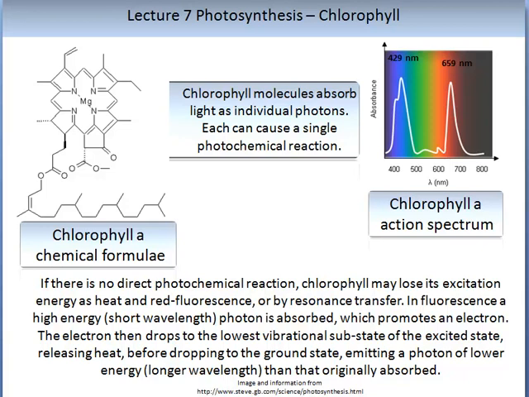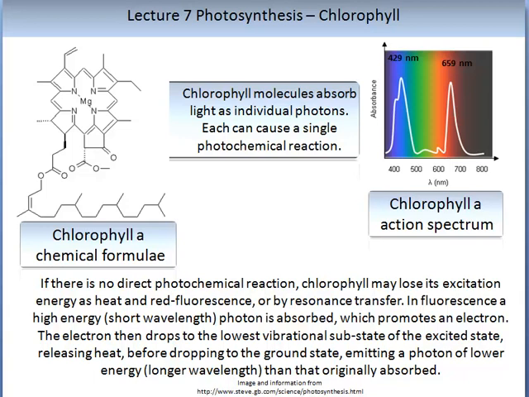Chlorophyll absorbs light as individual photons. Each can cause a single photochemical reaction. If there is no direct photochemical reaction, chlorophyll may lose its excitation energy as heat and red fluorescence. So this is a waste, basically. In fluorescence, a high energy or short wavelength photon is absorbed, which promotes an electron.